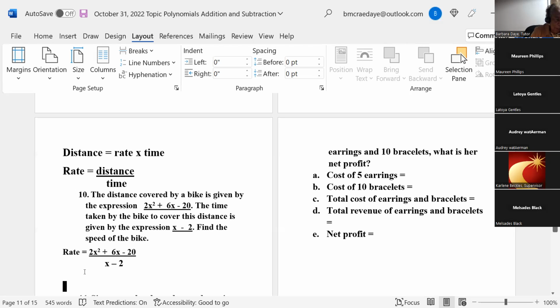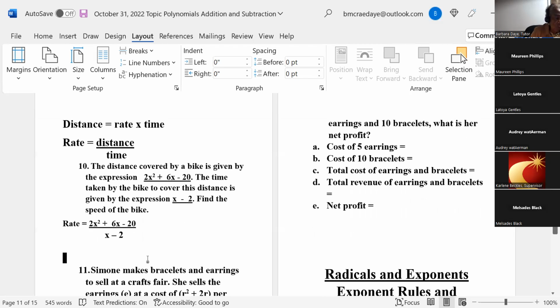What number divides into 2, the same number divides into 6, the same number divides into 20? You said 10, but the number is 2. So you can factor out the 2.